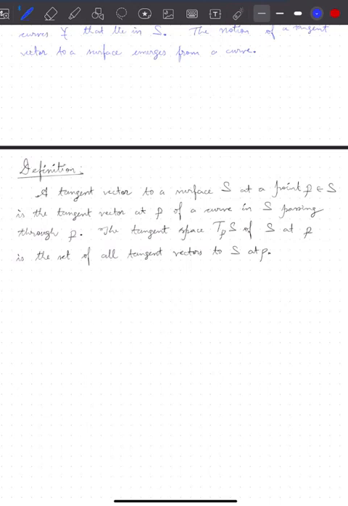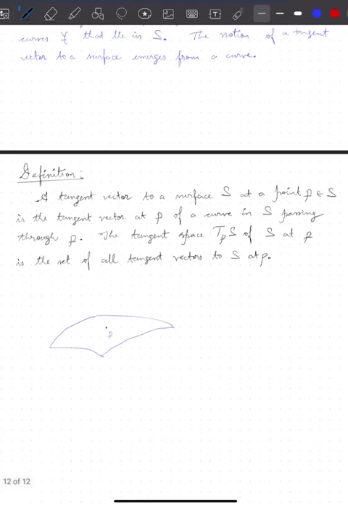Say we have some surface S, and this is our point P here. We can have an infinite number of smooth curves on the surface which pass through the point P. So this can be one curve, and the tangent at this will be given by this direction.